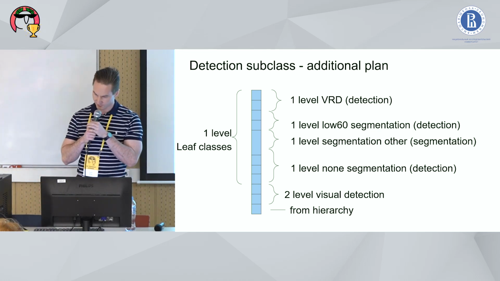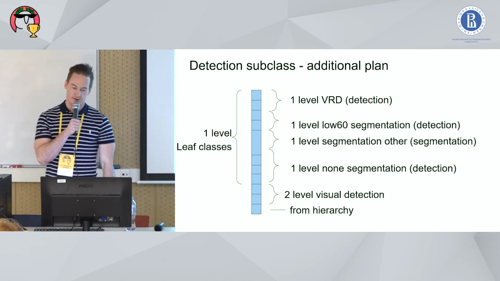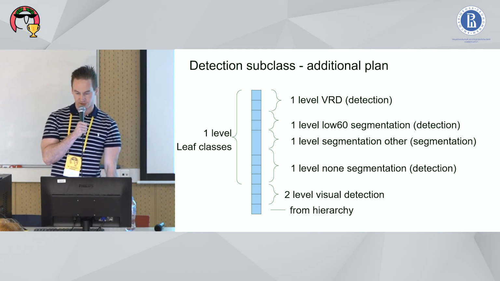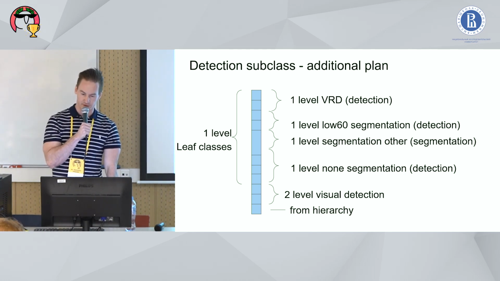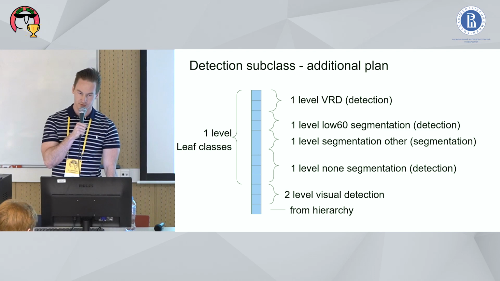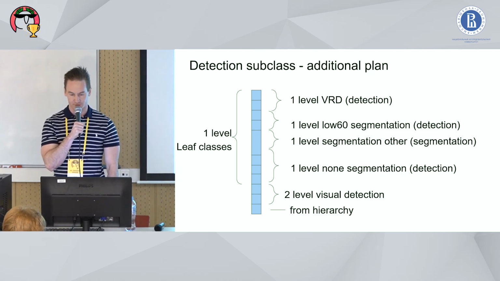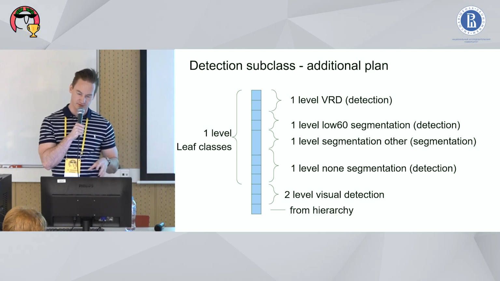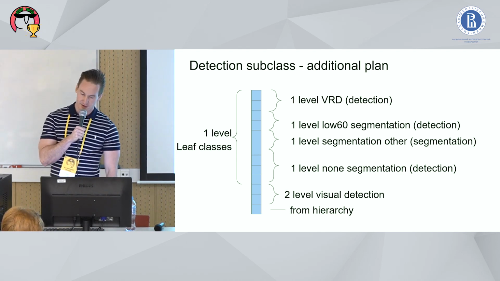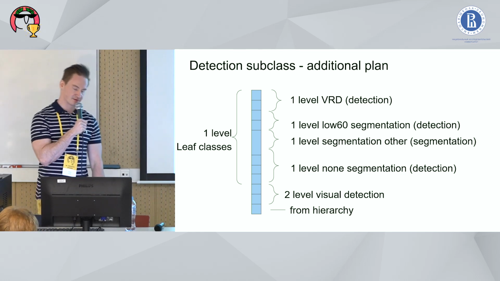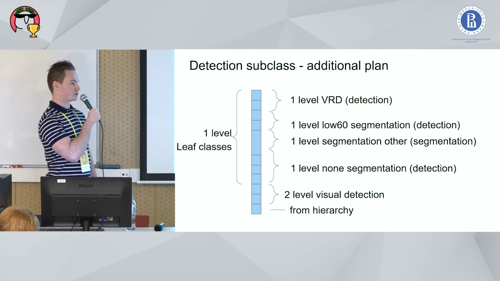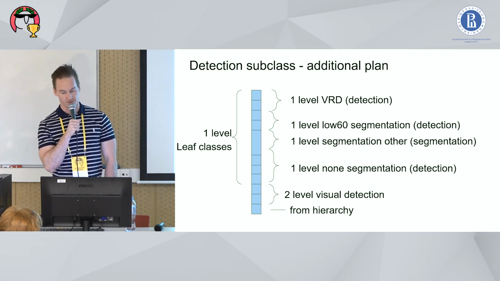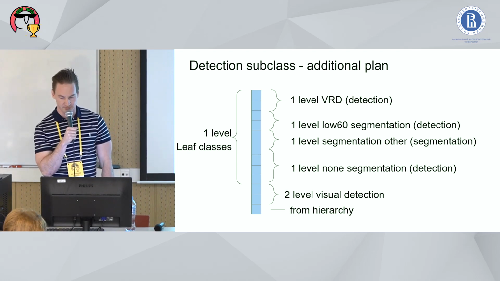But when I thought about it, I had a subset of segmentation classes that had low scores on detection based on my validation. So I trained my detection model for these 60 classes with the worst performance on the validation. But I found that it was very important to retrain for the detection part.